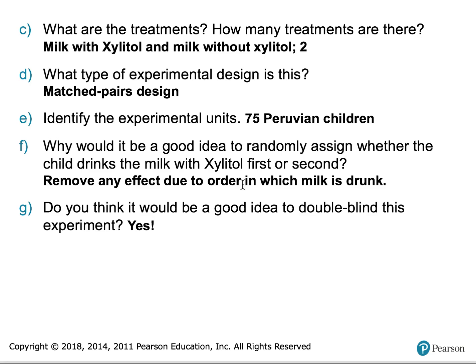Okay, so if they swap that around, it would help remove that effect. Do you think it would be a good idea to double blind this experiment? Definitely, definitely, definitely. The children and the researcher giving the children the milk shouldn't know which one is getting which.